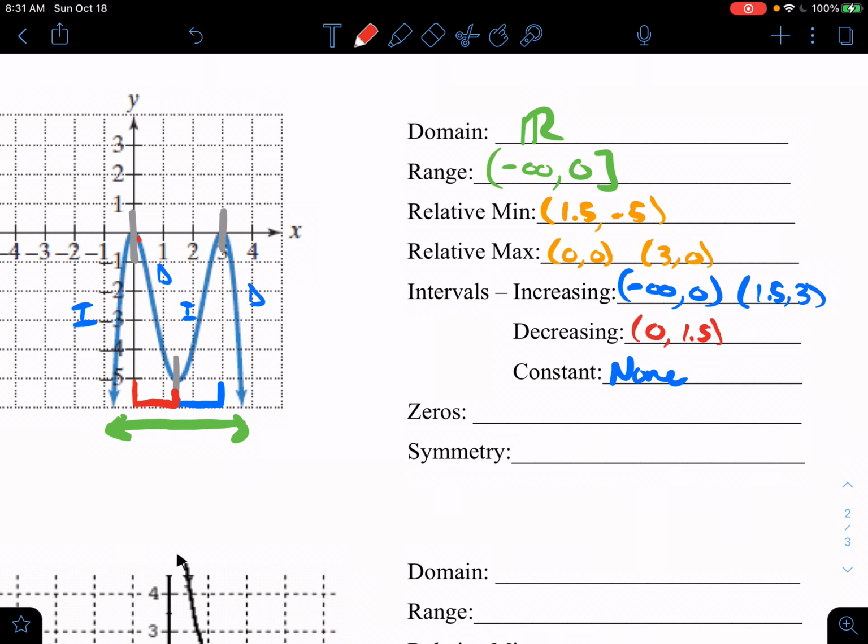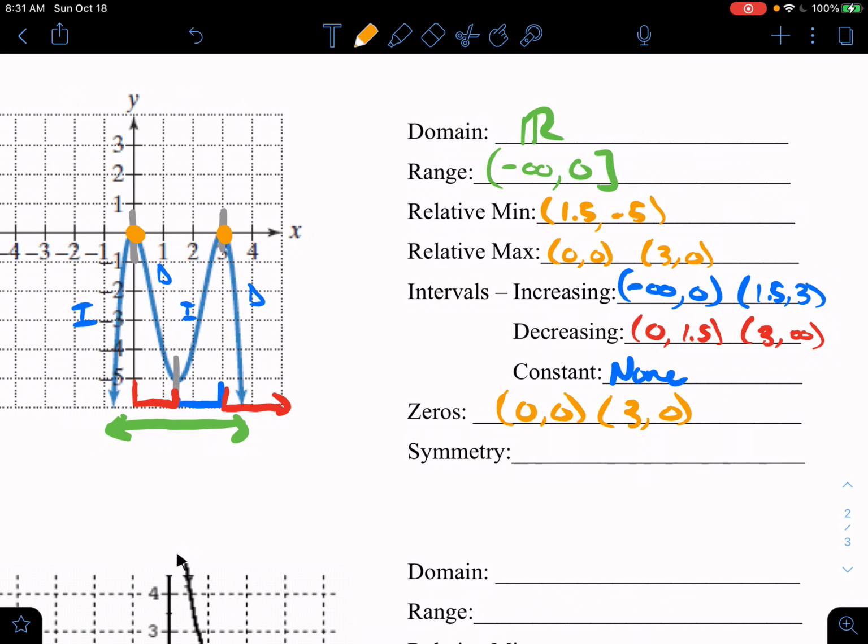And then also we are decreasing from 3 to infinity. Our zeros are just where we are crossing our x-axis, so we have one here and one there. So we'll have zeros at (0, 0) and also at (3, 0).